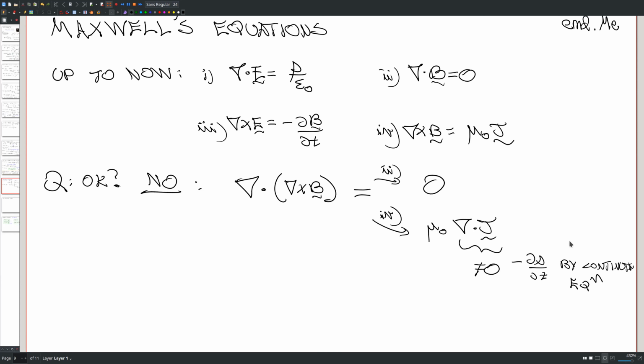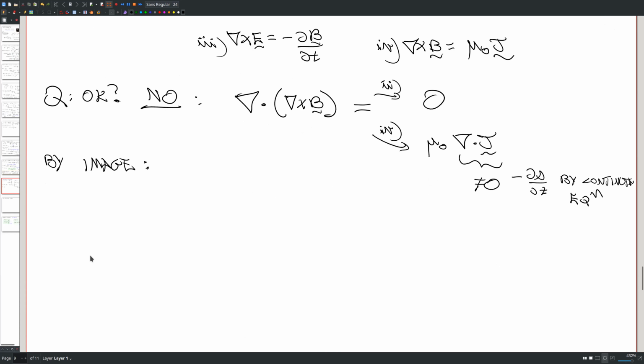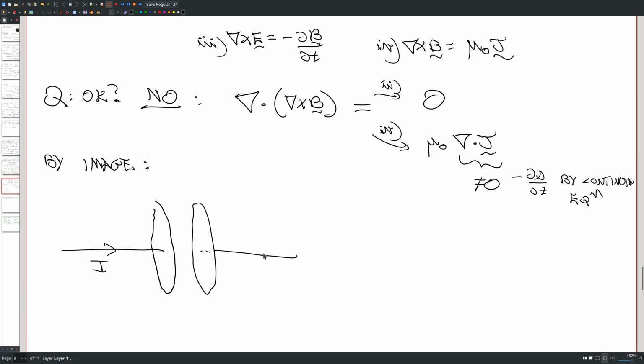So maybe a kind of physical way of viewing this, by an image, is let's imagine that we have a circuit made of a current carrying wire carrying I, and then it's got 2 plates of a capacitor. And then the current coming out like this.